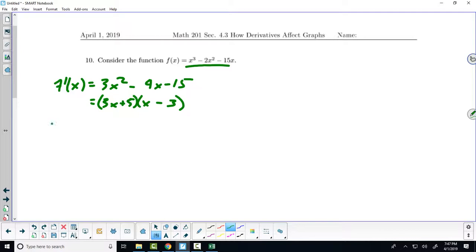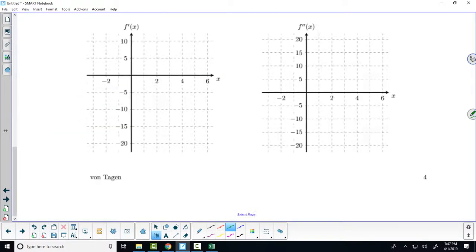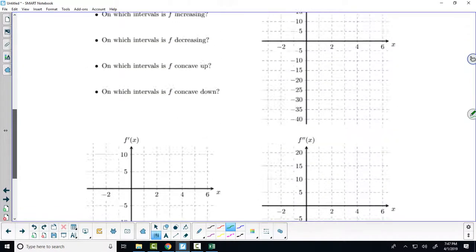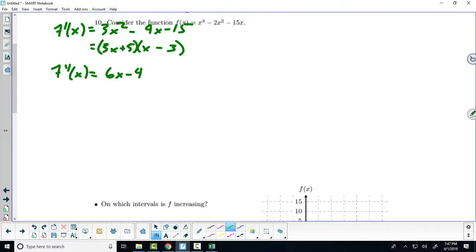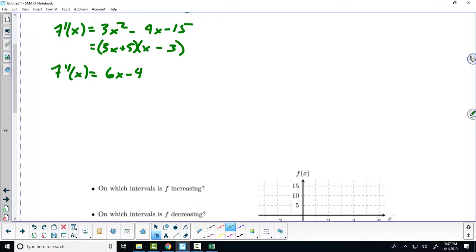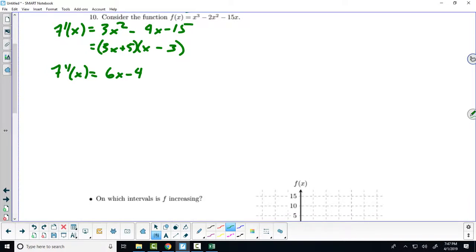And if we take the second derivative, we get 6x minus 4. Any questions on that?